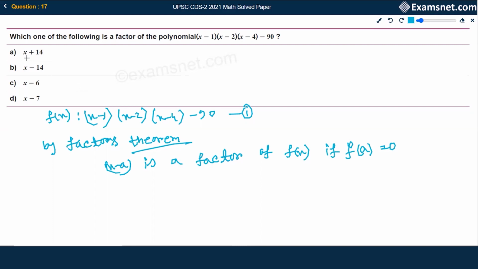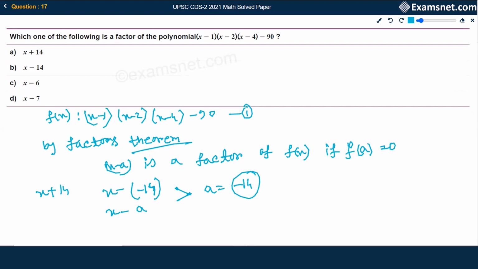Now, if we consider the first option, x plus 14, and compare it with x minus a, we can write x minus of minus 14. So a equals minus 14 here.